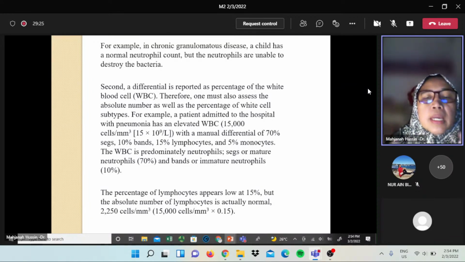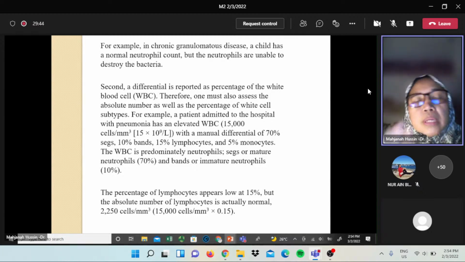By looking at the full white blood count under a microscope, you look at the type of neutrophil present and also the stage, the age of the cell, whether it's still immature or in a mature stage.